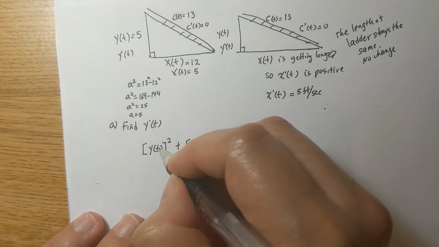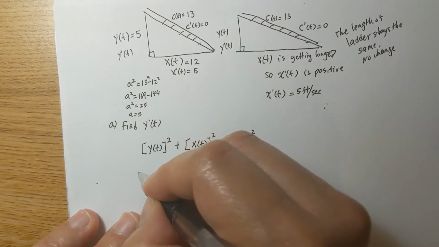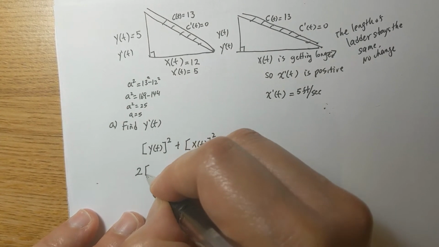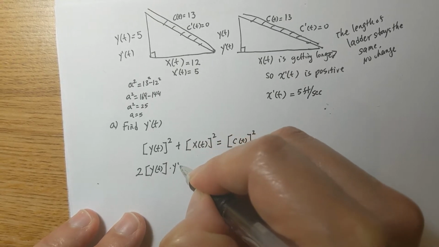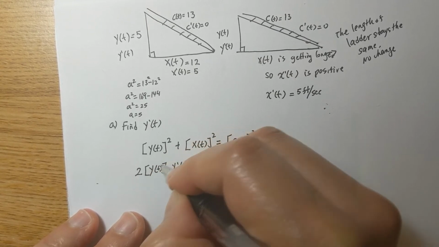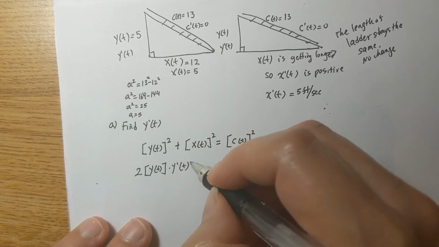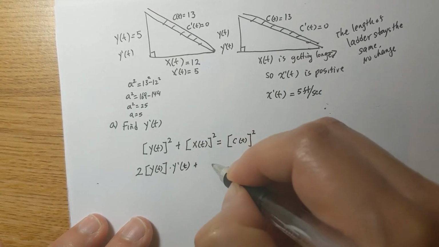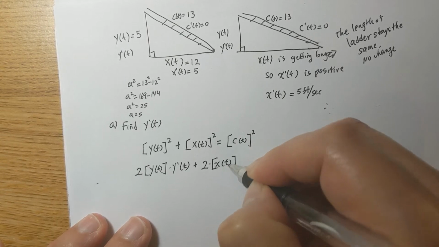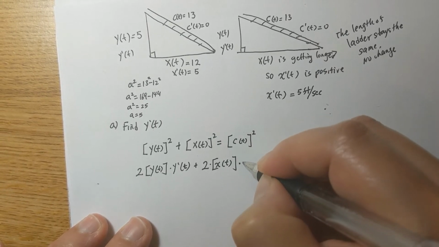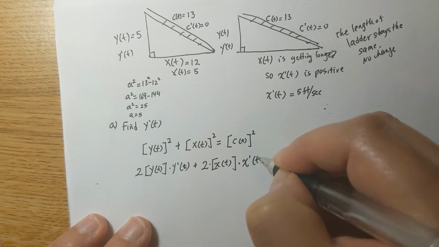So now we're going to find the derivative. You're going to use the chain rule. You bring the 2 in the front, y of t with exponent 1, and then you multiply by y prime of t. Then you put the 2 in the front for x of t, exponent 1, and you times x prime of t.